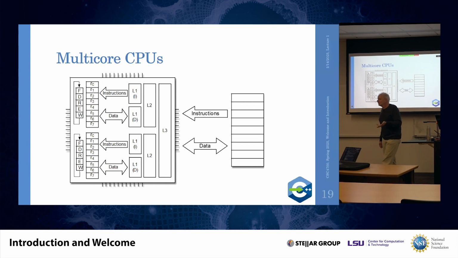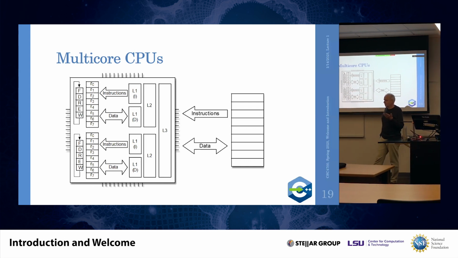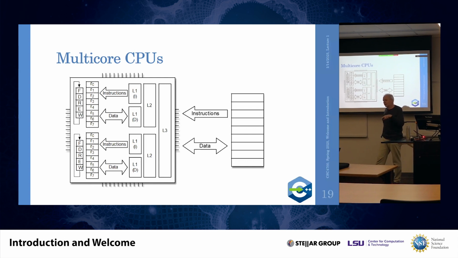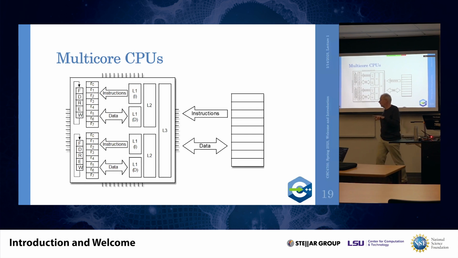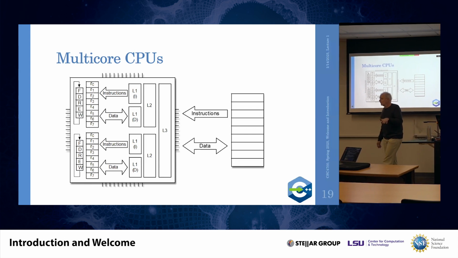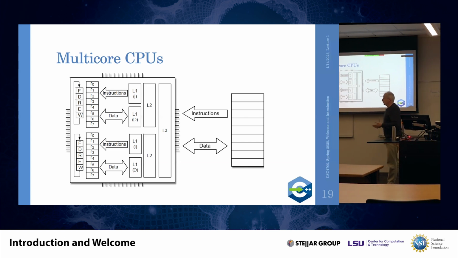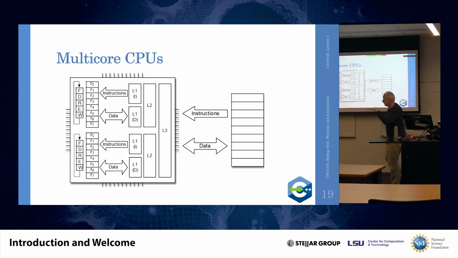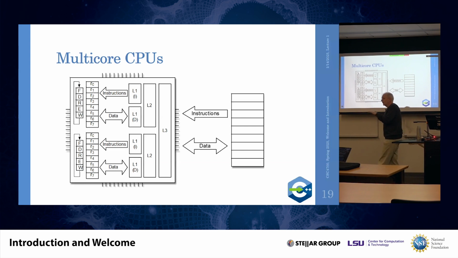Heat, right. Because the energy that is used is proportional on a quadratic law to the clock rate. So with the increasing clock rate, the heat goes up in a quadratic way. So people had to stop increasing the clock rates in order to gain performance.